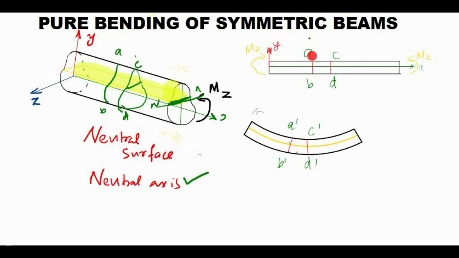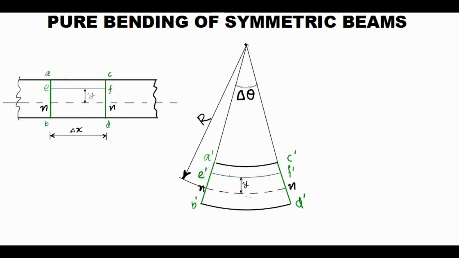Now we will consider an element A, B, C, D. Due to the application of these moments, or due to pure bending, the shape of that element changed to like this, and the length AC was shortened to A dash C dash, and the length BD was increased to B dash D dash.